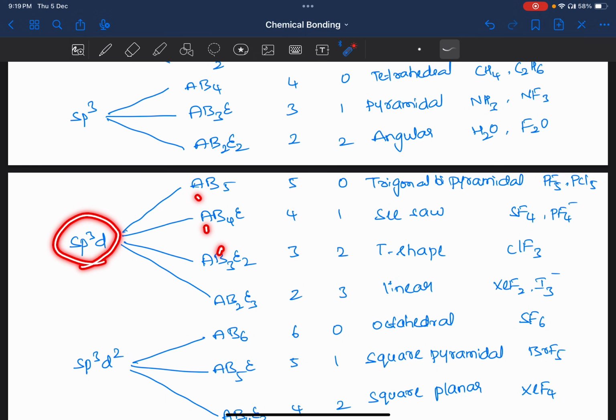Therefore these molecules exhibit sp3d hybridization, but the structures are different. With zero lone pairs, the structure is trigonal bipyramidal. With one lone pair, seesaw. With two, T-shape. With three, linear.